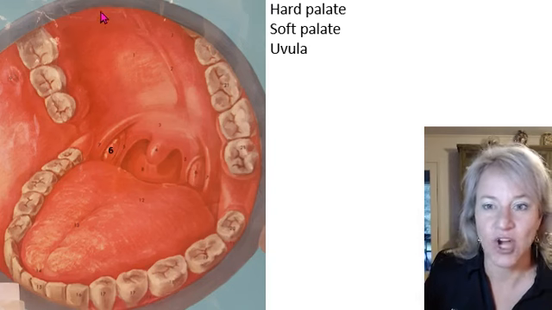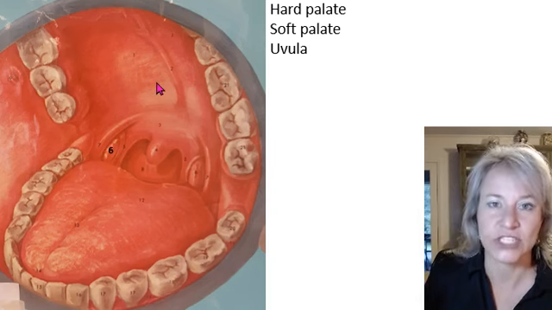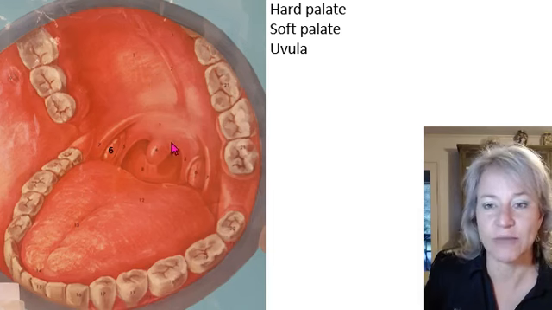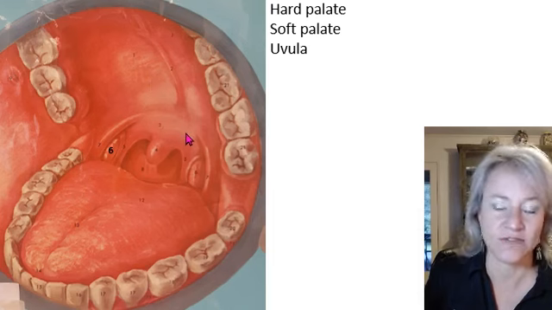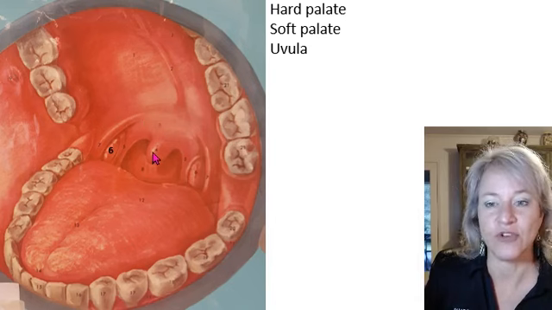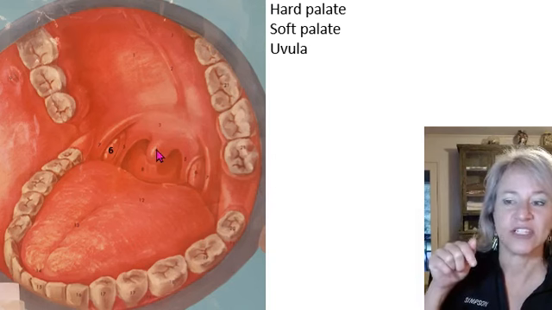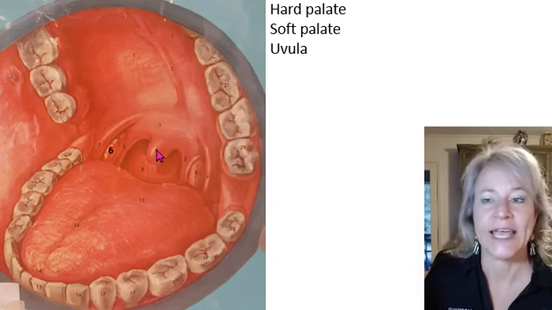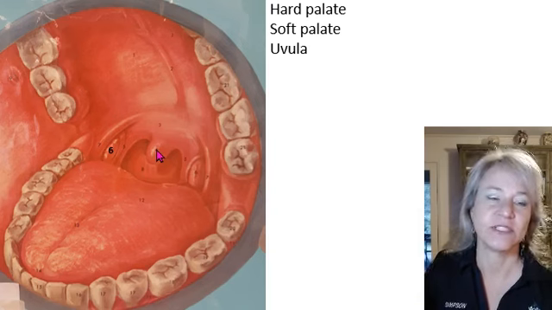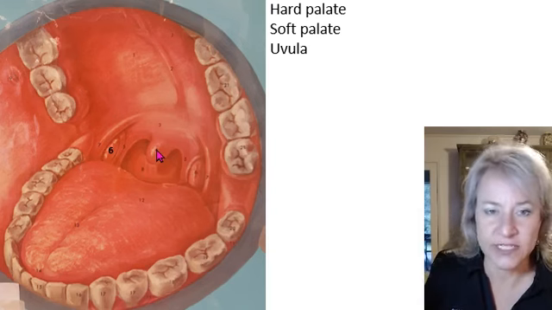Okay, so we have the hard palate, which has bone, and then behind that the soft palate, which is just soft tissue, so there's no bone right here, and then the uvula, which is just this little hanging down structure, and it seems to have really no purpose.